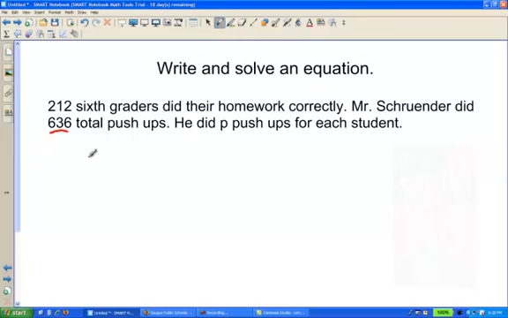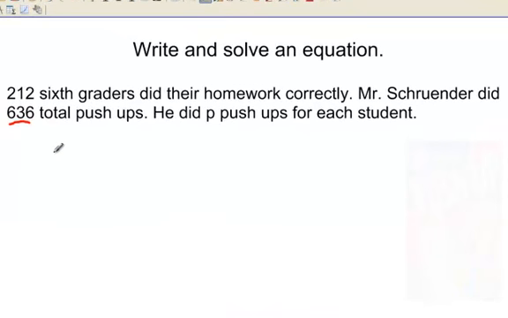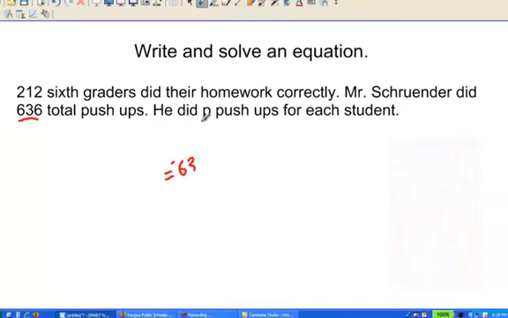If I have 212 and I'm doing P push-ups for each kid, remember 636, there's that word total again, right? So I'm going to use equals 636. I'm going to start with that because that word total usually means we're going to use that on one side. And then what's the operation here? There's 212. Again, there's this word each right here.